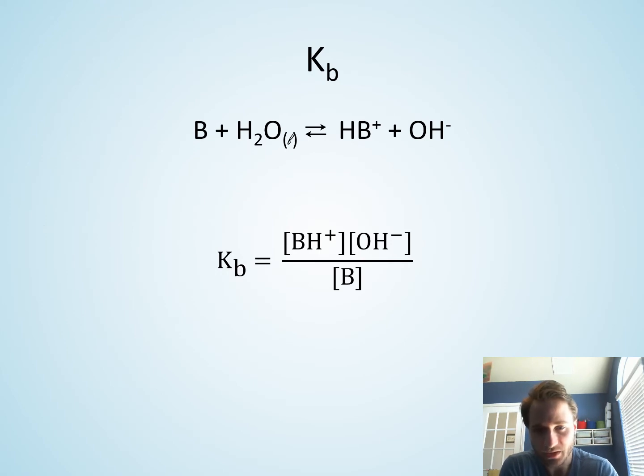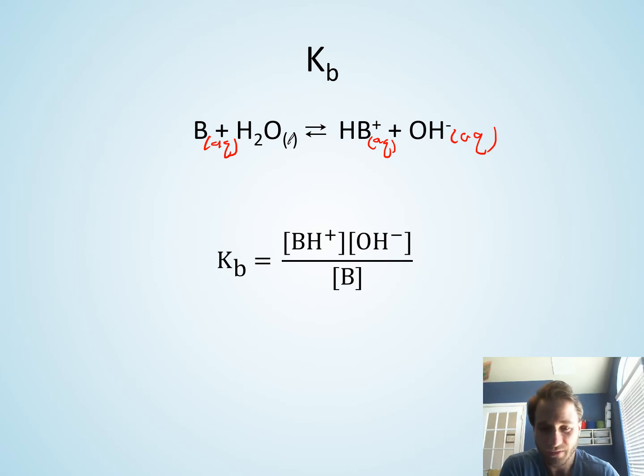Again, these weak bases undergo an acid-base reaction with water to form the conjugate acid and OH minus ions. You have these things in aqueous solution, and so the Kb, that base equilibrium constant, is going to be BH plus times OH minus divided by B. This is a general form for these equilibrium constants.